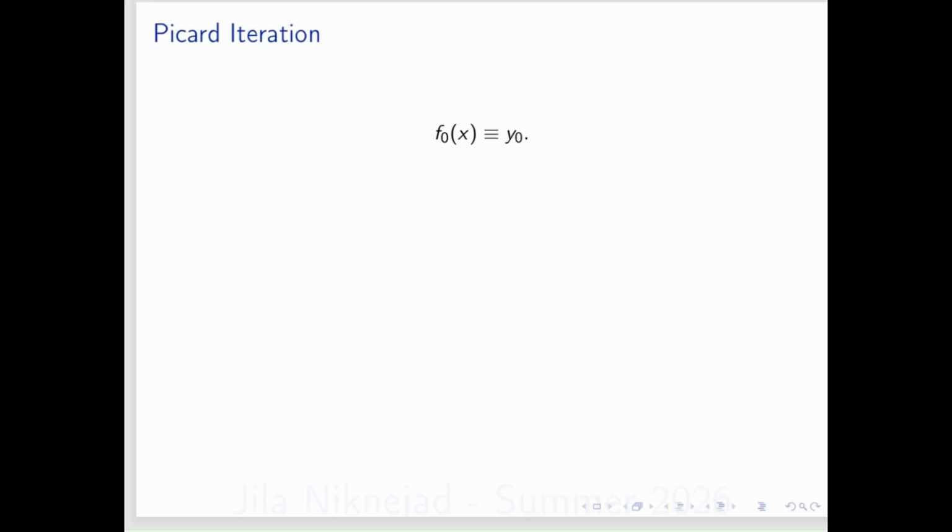To define Picard iteration, we start with the zeroth function, f naught of x, to be the constant function y naught. Notice that this function is within the rectangular region we mentioned and passes through the initial point x naught, y naught.